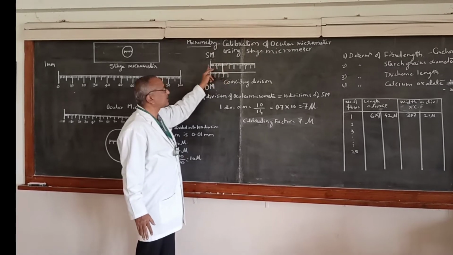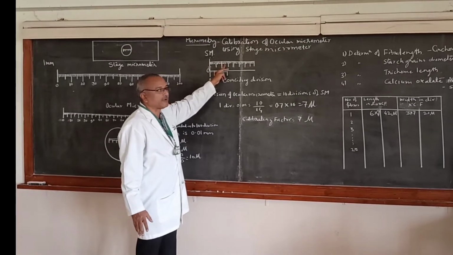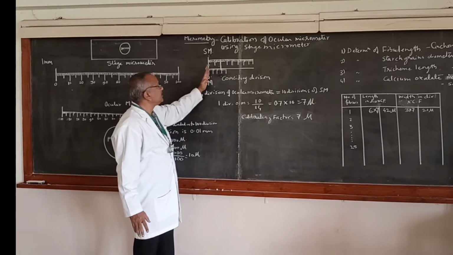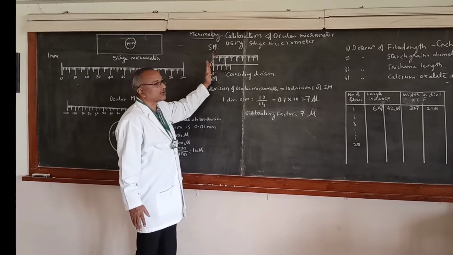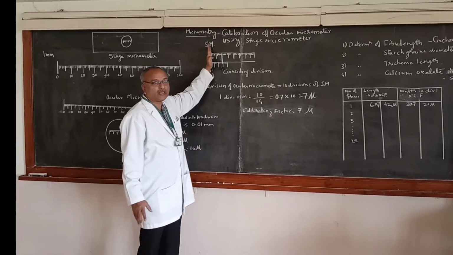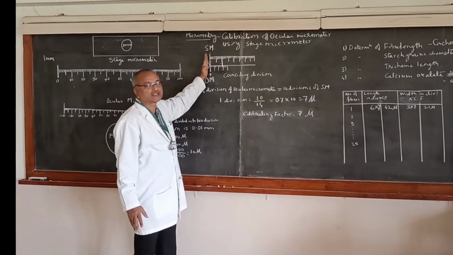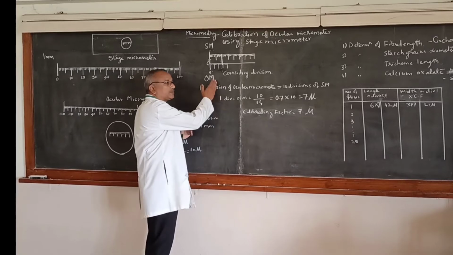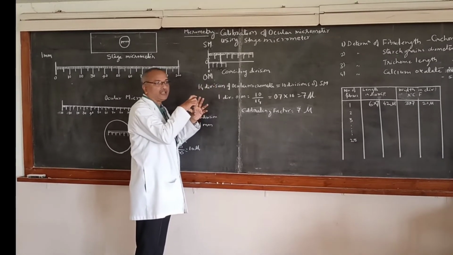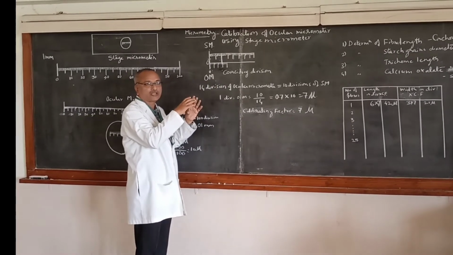So you can go for 0 or 10 or 20 like that. Then you have to adjust the ocular micrometer to one of the units and make it the first unit itself.